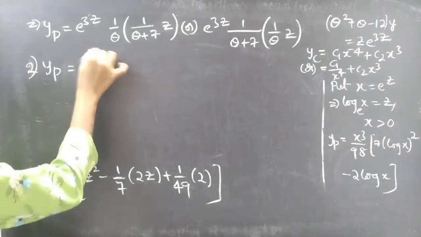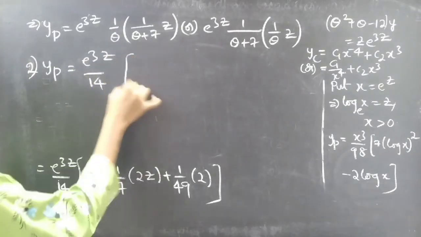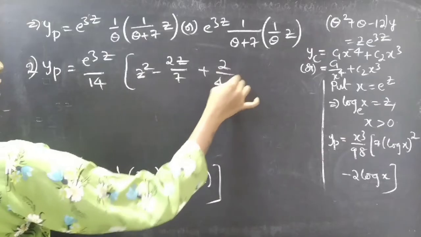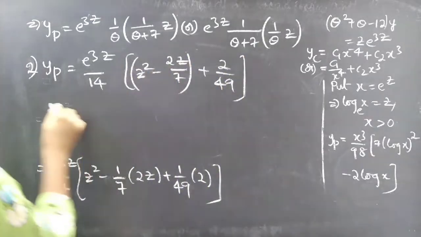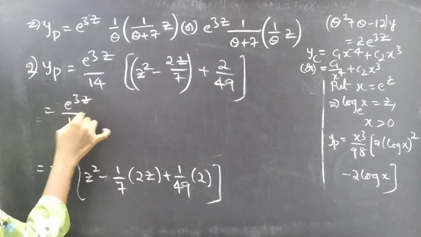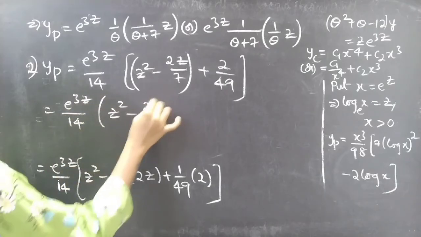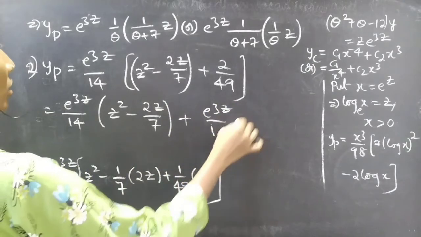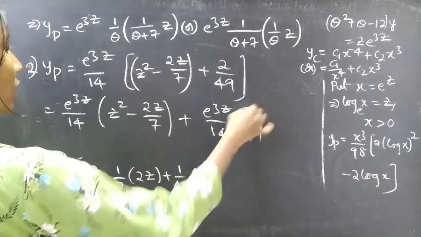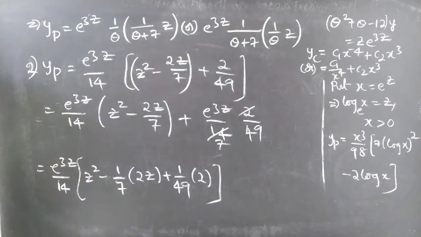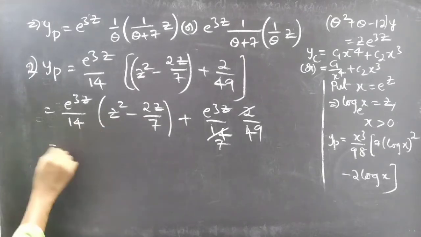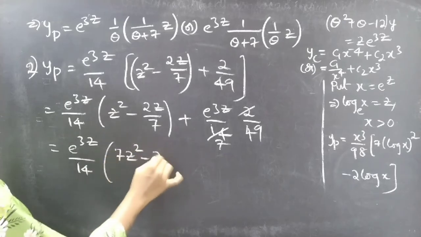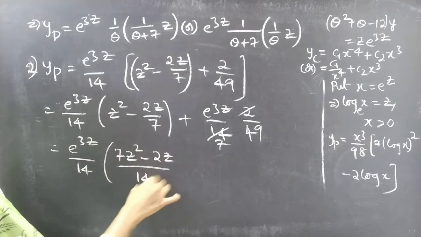So yp becomes e power 3z by 14 into z square minus 2z by 7 plus 2 by 49. Now we can split this as e power 3z by 14 into z square minus 2z by 7, plus e power 3z by 14 into 2 by 49. 2 ones are 2, 2 sevens are 14.